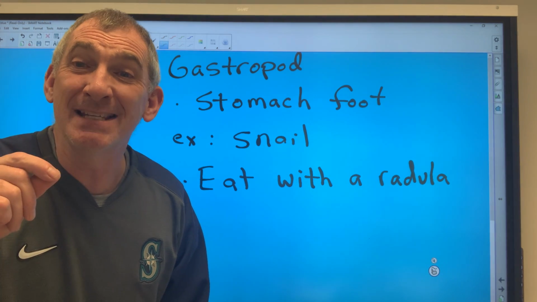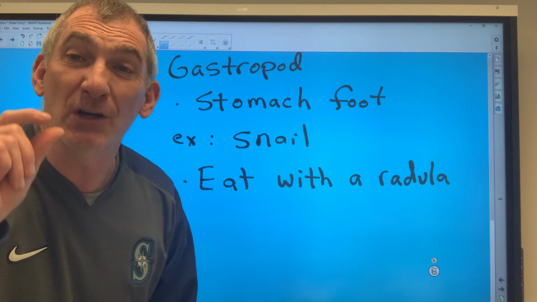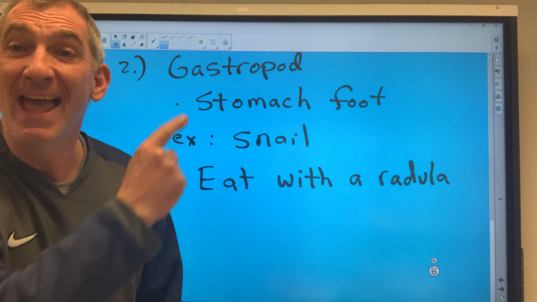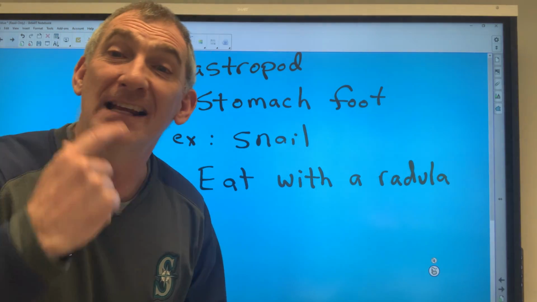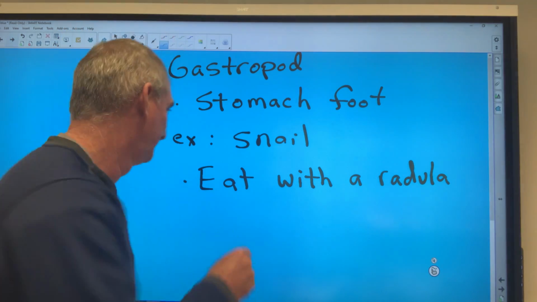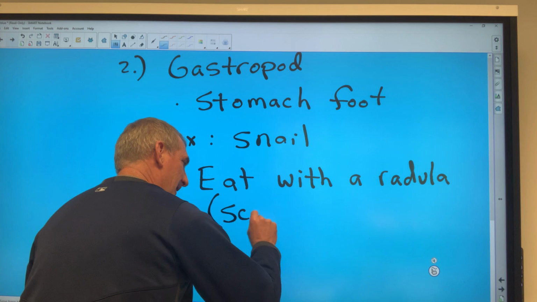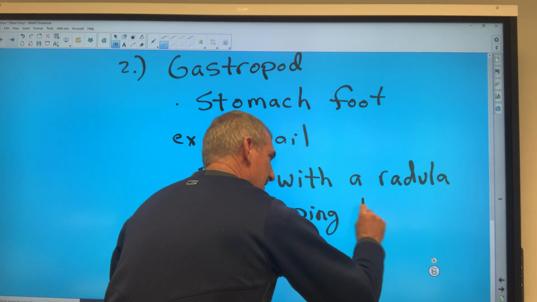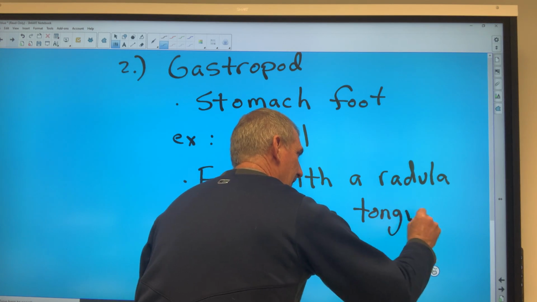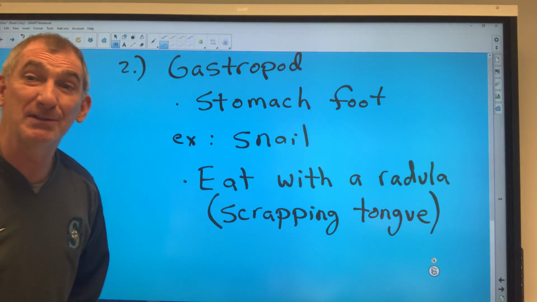It's a scraping tongue. It's a tongue that has a whole bunch of tiny teeth on it. That's how they eat. They just scrape it with the radula. Scraping tongue. I know I'm going fast, but you can always pause.